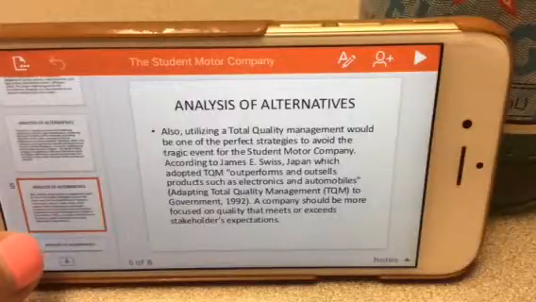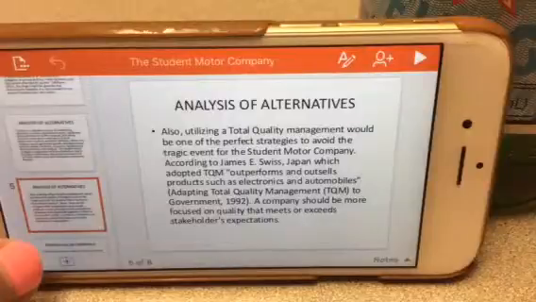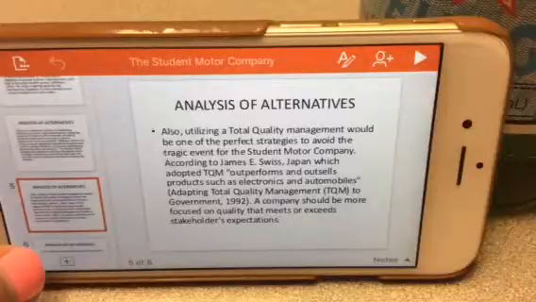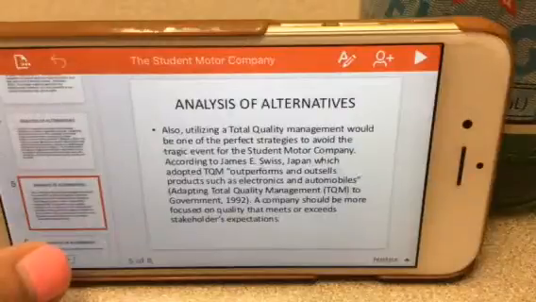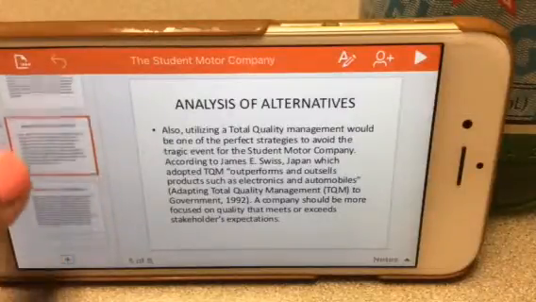According to James Swiss, Japan, which adopted TQM, outperforms and outsells products such as electronics and automobiles. A company should be more focused on quality that meets or exceeds stakeholders' expectations.